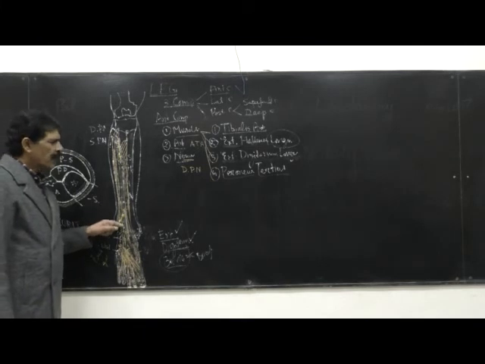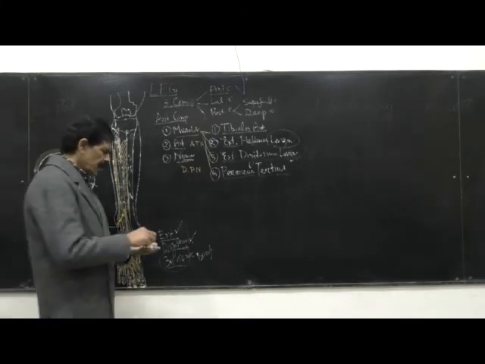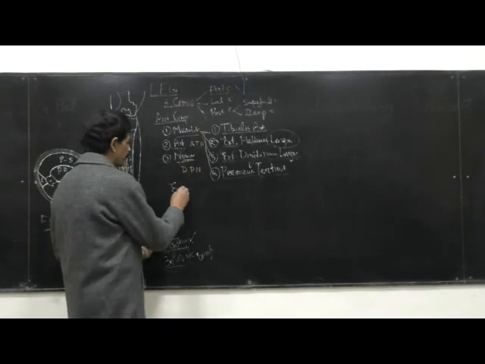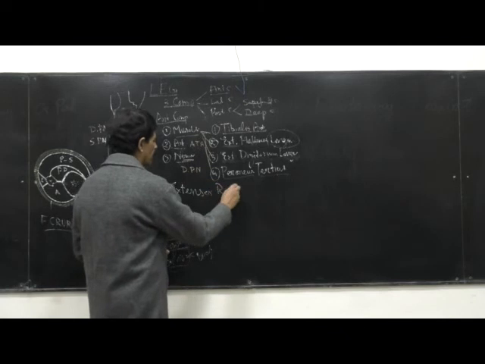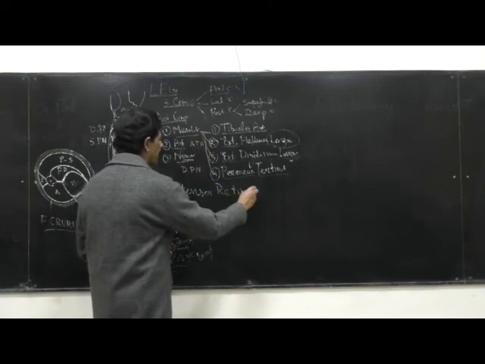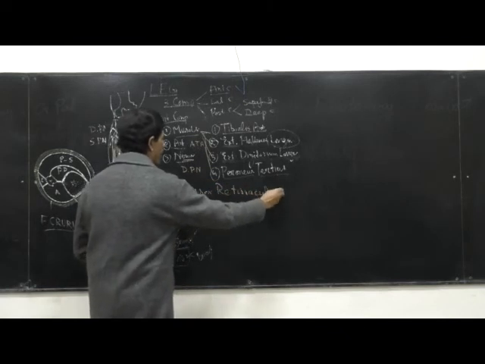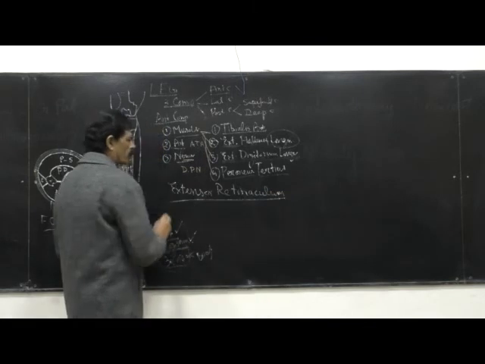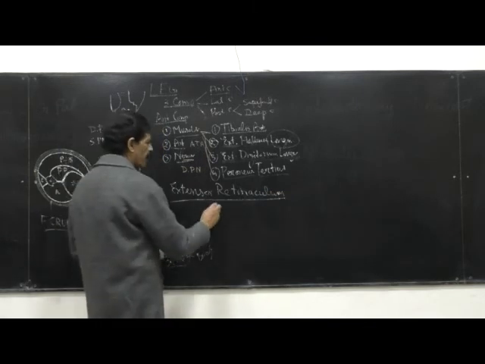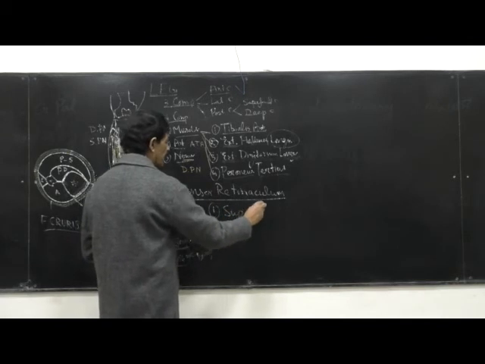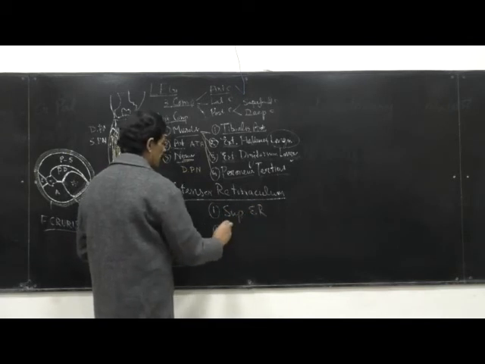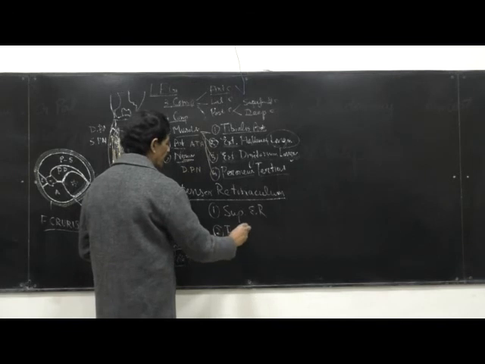Now another thing in the anterior compartment is the extensor retinaculum. Extensor retinaculum. So extensor retinaculum in the anterior compartment are two. One is called the superior extensor retinaculum, another is called the inferior extensor retinaculum.